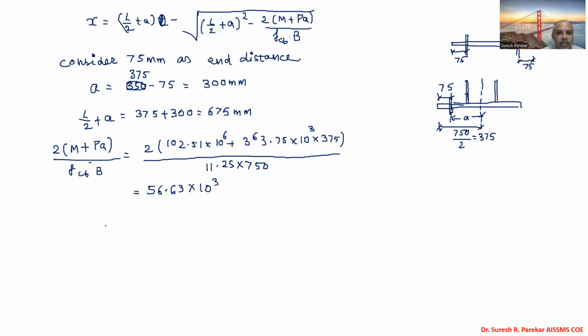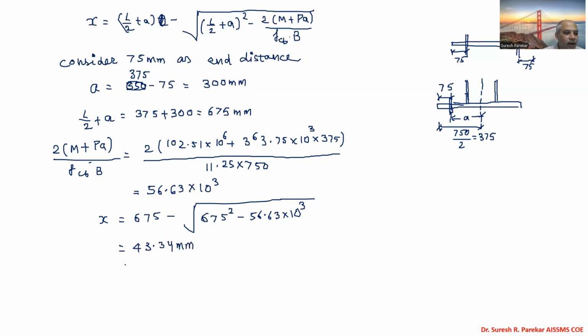And then we will substitute this value, and we will get X, that is equal to 675, L by 2 plus A, minus the square root of 675 square minus 56.63 into 10 raised to 3. From this we will get the value of X, that is 43.34 millimeters.